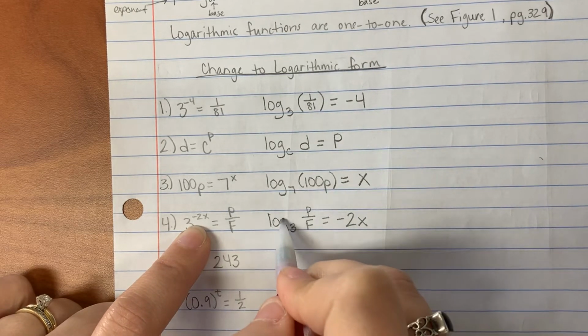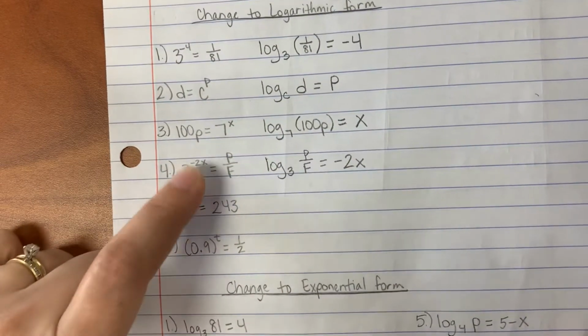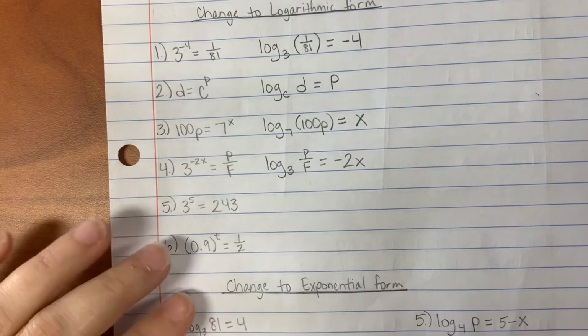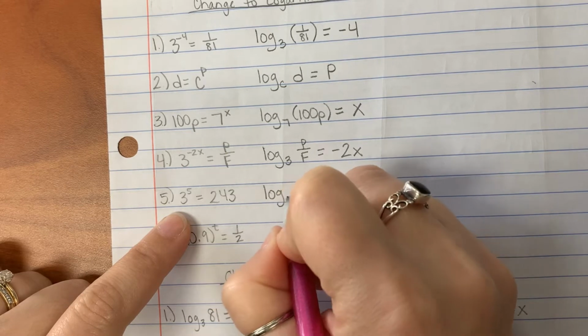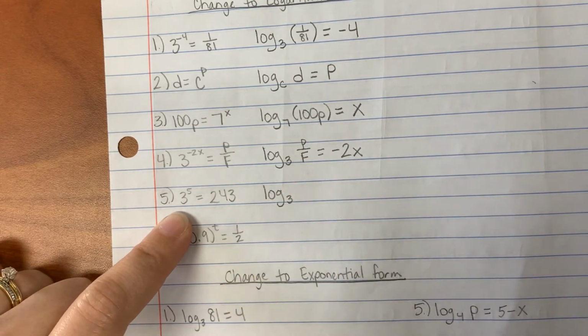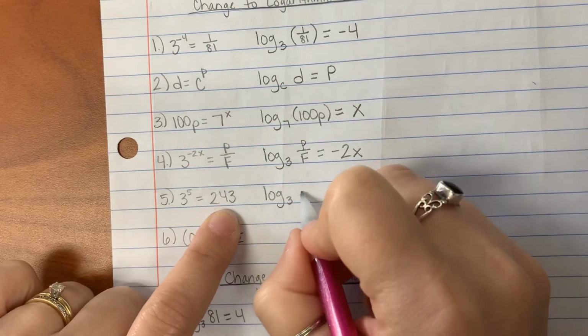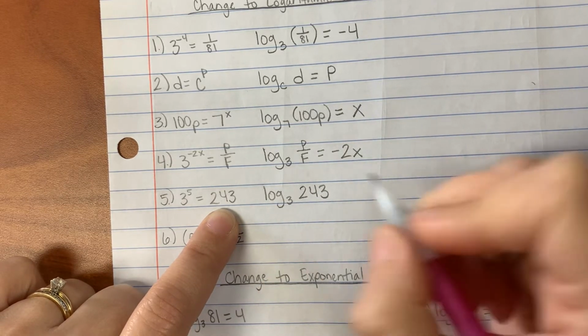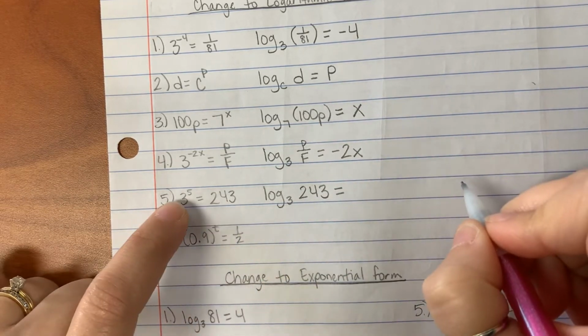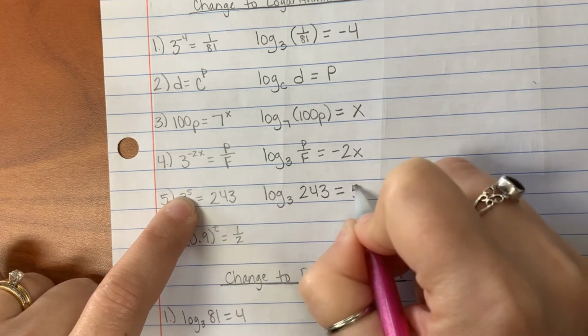So all of these are kind of messy, but it's just getting you used to the idea of writing it in log form. So this one is a log of base 3 of my 243, and that's going to equal, again, my exponent of 5.